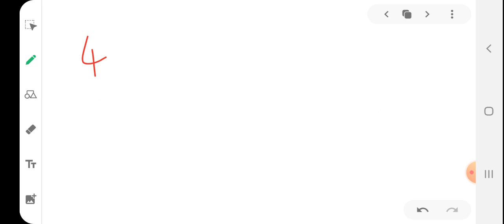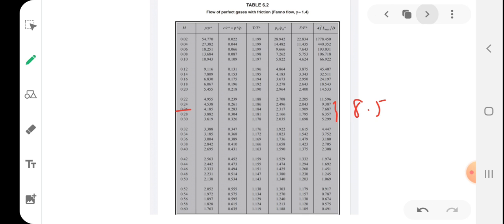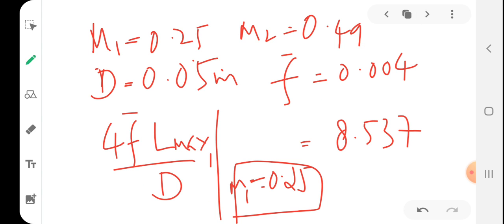So students, from this equation you will get 4 into f bar L max 1 by D, because this is for M1. For each Mach number the L max varies, right? Here we have 2 Mach numbers because we have 2 sections, so corresponding to this you put L max 1.